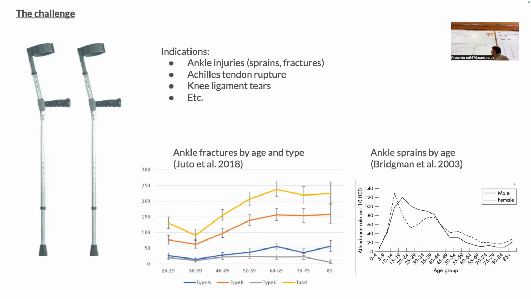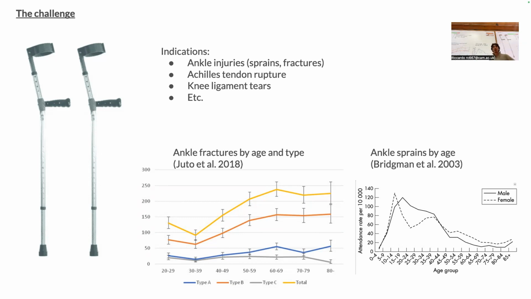There is a challenge when it comes to crutching, and that is that for the last 100 years, the crutch designs that we have basically haven't really changed, and they are used by about 200,000 people in the UK alone. And as you can see, across a variety of population, the population that uses them is quite heterogeneous.